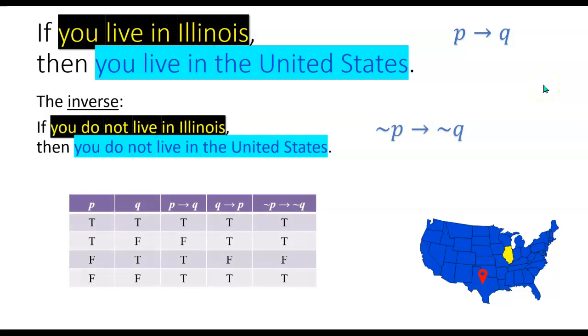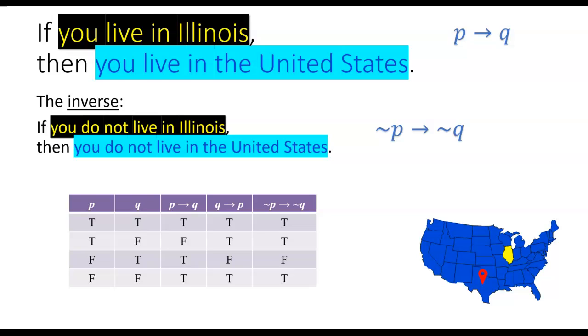Another way we could switch things around would be to leave the antecedent and the consequent in the same place, but negate both of them. That is, go from P implies Q to not P implies not Q. In this example, that would be changing if you live in Illinois, then you live in the United States to if you do not live in Illinois, then you do not live in the United States.